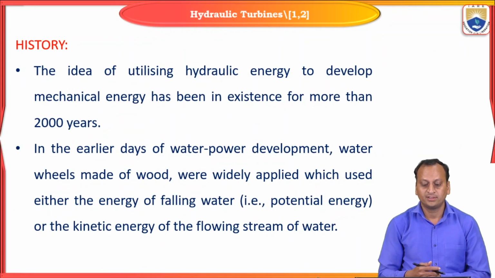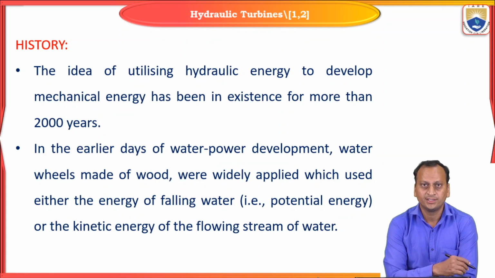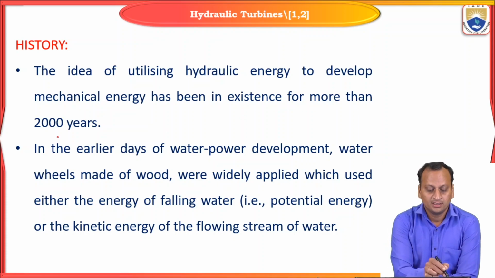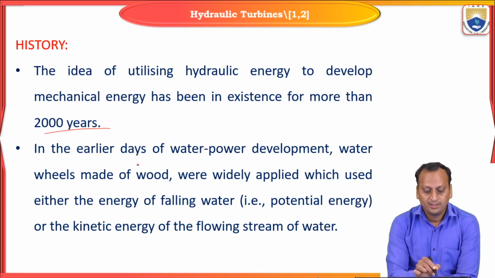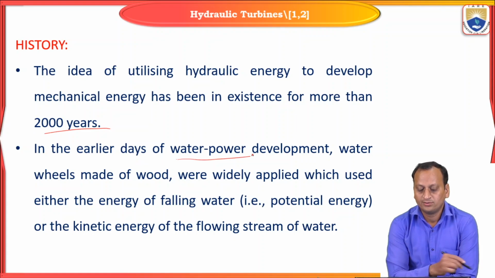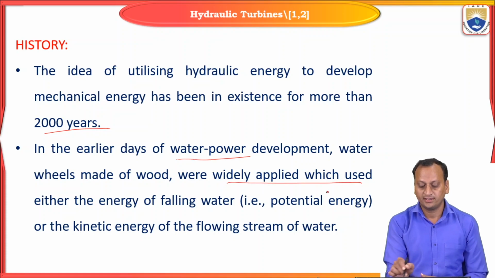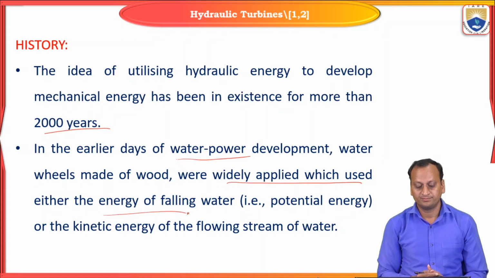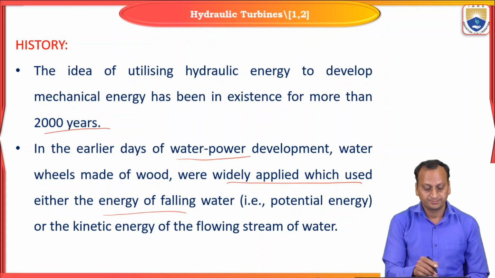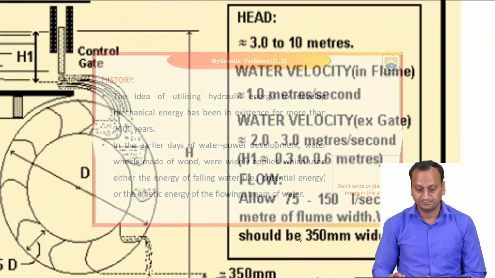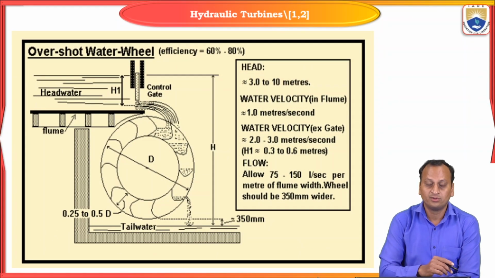The idea of utilizing hydraulic energy to develop mechanical energy has been in existence for more than 2000 years. In the earlier days of water power development, water wheels made of wood were widely applied, which used either the energy of falling water or the kinetic energy of the flowing stream of water. Here we can see an overshot wheel.